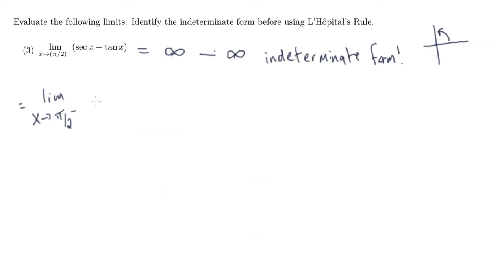Secant x is 1 over cosine, and tan x is sine x over cosine. So hopefully you see now that we can combine these into a ratio.